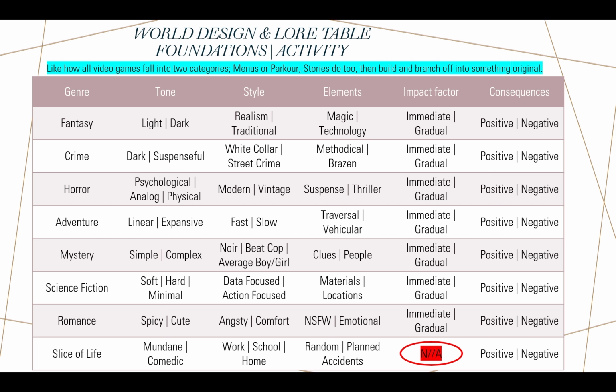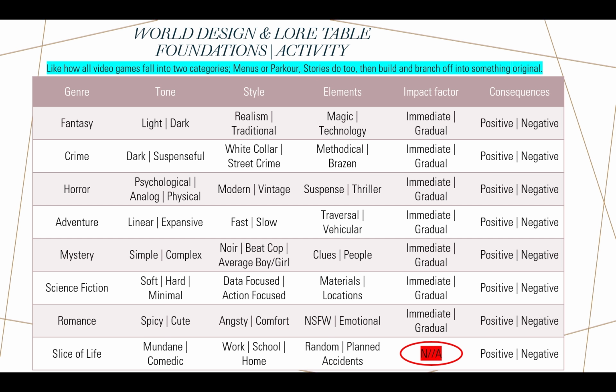So like how all video games fall into two categories: menus or parkour. And I kind of disagree with that, but that's kind of the general consensus on a very basic and rudimentary, almost archaic level of understanding. Because there are games, like, what if a game is all about movement, just because there's menus? If you look at Final Fantasy, that would be a menu game. If you look at Assassin's Creed, that would be parkour.